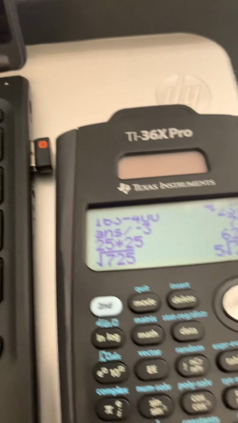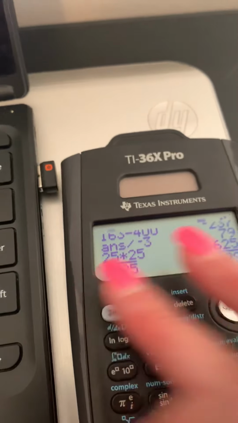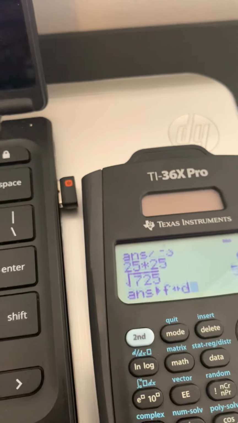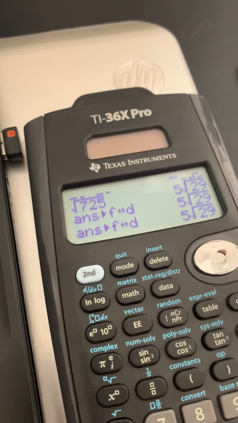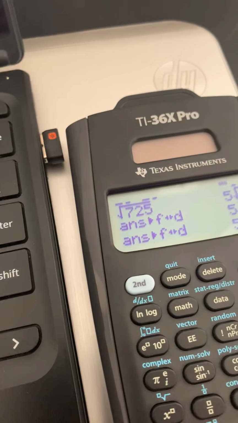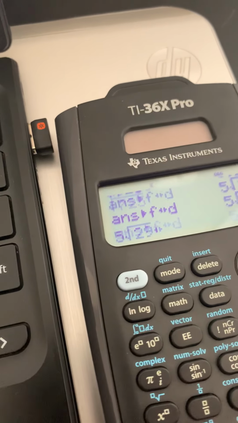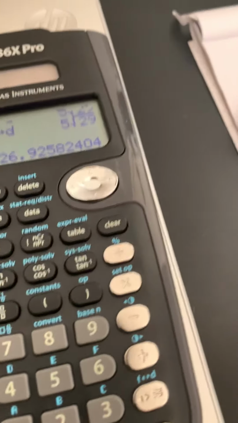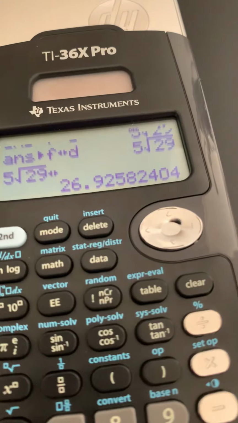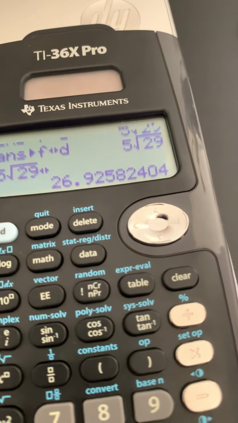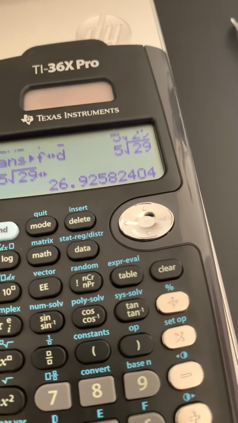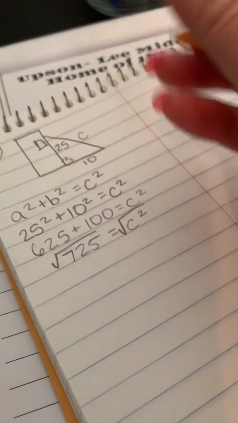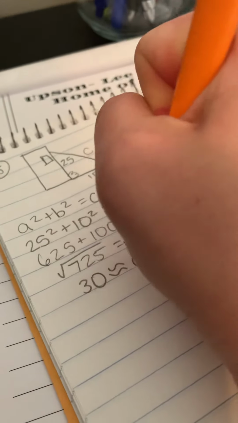So I'm going to hit my next button. And I don't know how to do it on this calculator. Oh, there we go. And it is going to be 26.9, approximately 30 feet. So we're going to put, that's approximately 30.